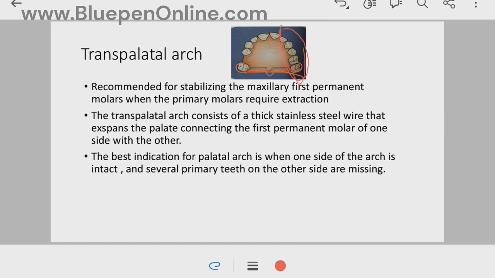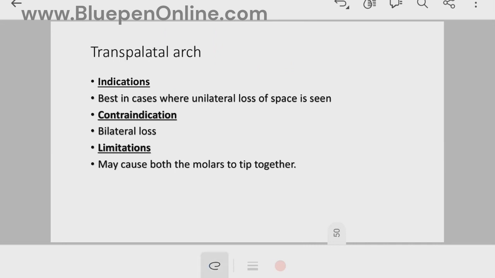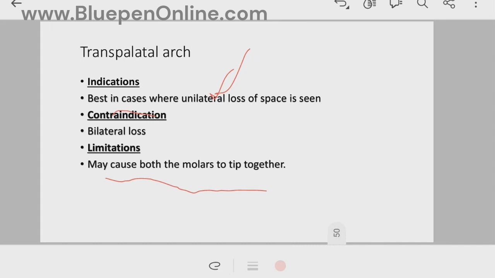See, this side is intact, the only problem is with this side. So this is most commonly used in these kinds of cases, when one side is intact and the other side is having a problem. Unilateral. Contraindication: bilateral, don't use it. Limitation: it may cause both the molars to stick together. There is an issue like that also.